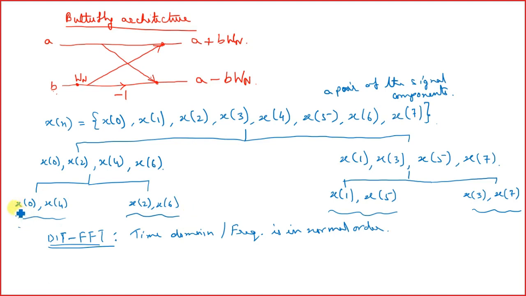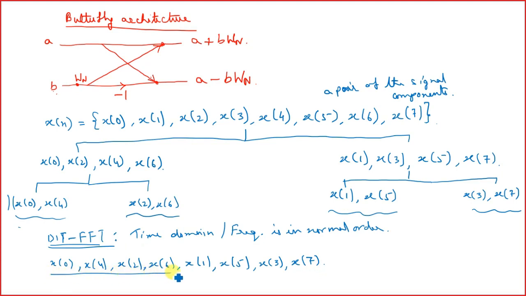If you want to see from here, I will be having x0, x4, x2, x6, x1, x5, x3 and x7. So this is the decimated order.